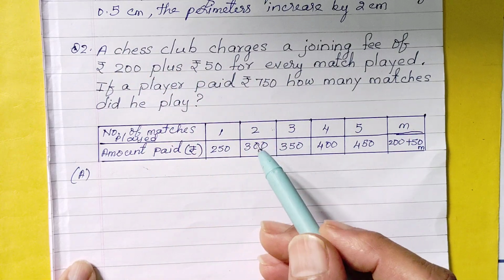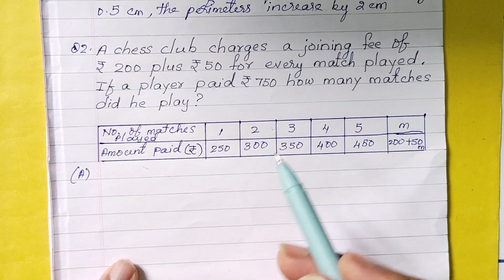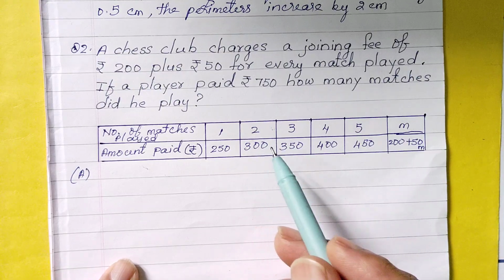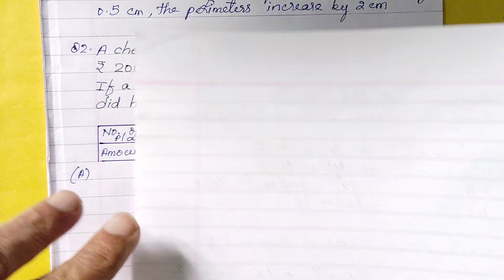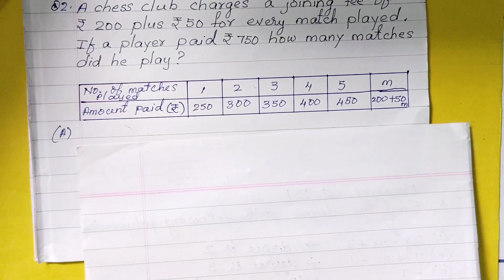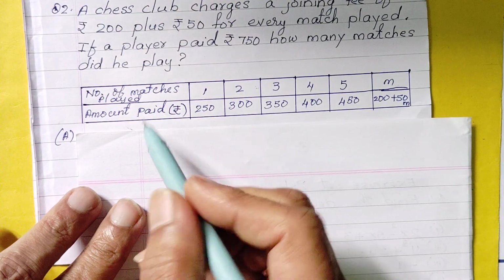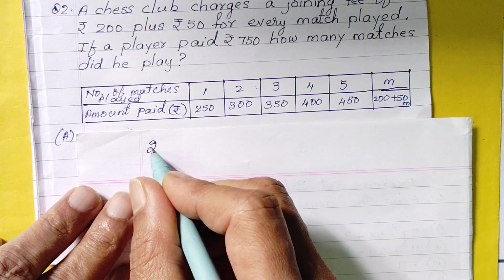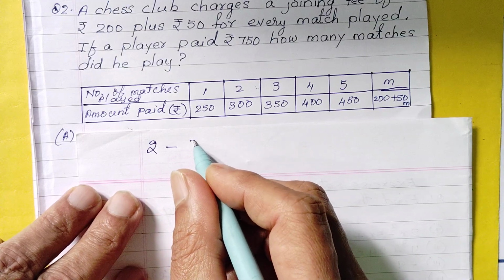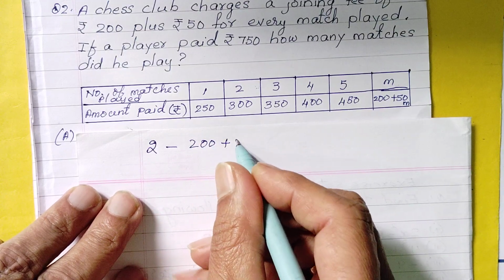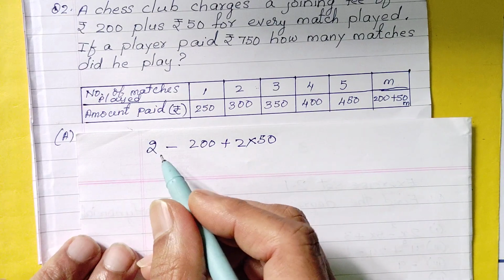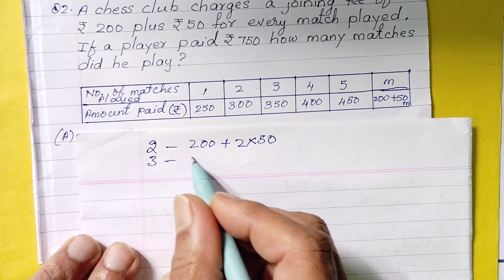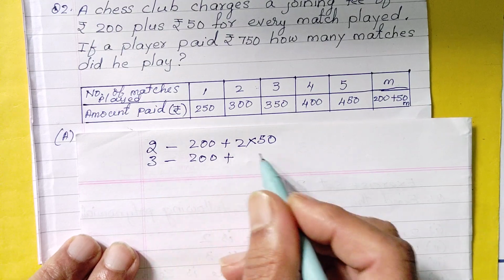If they play 2 matches, they have to pay 200 plus 2 into 50. If they play three matches, they have to pay 200 plus 3 into 50.